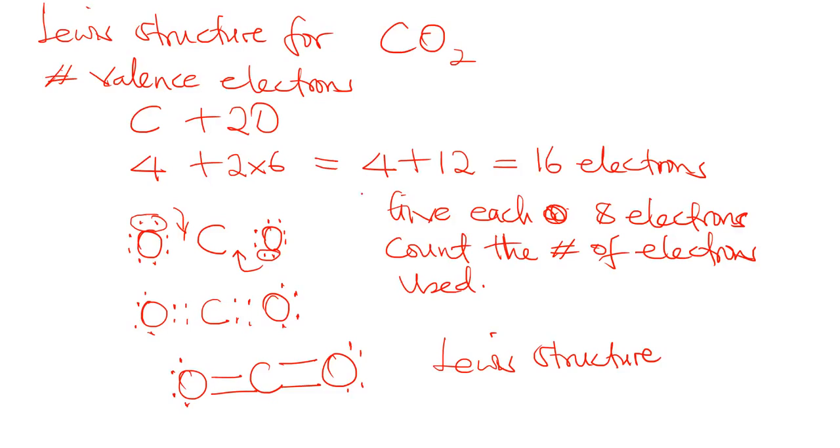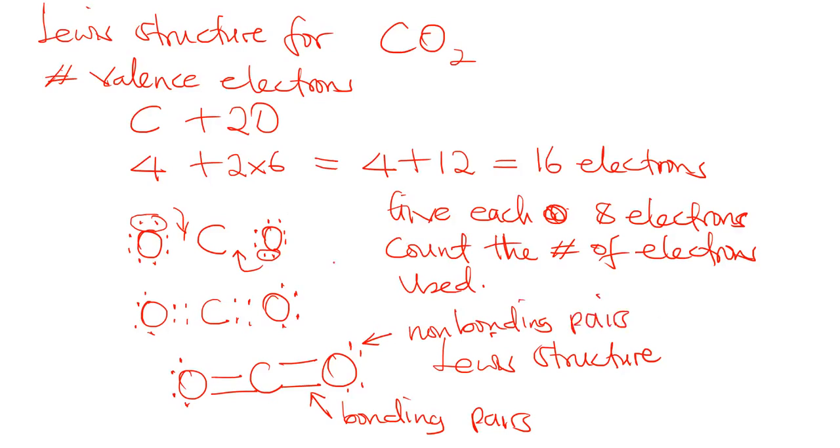Now, for a Lewis structure, where you have a stick here, you call these bonding pairs. So this molecule has 1, 2, 3, 4 bonding pairs, and 1, 2, 3, and 4 non-bonding pairs.